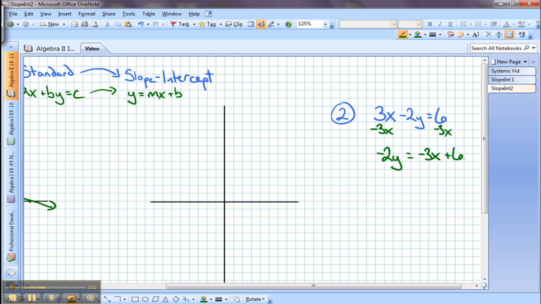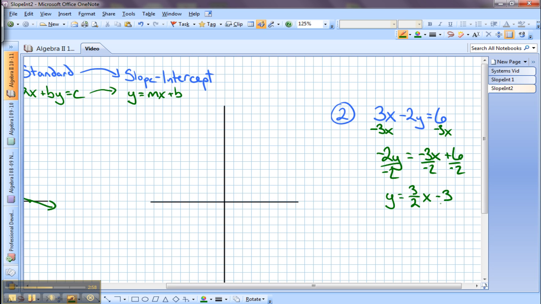And now to get y by itself, we will divide each term by the coefficient, which is negative 2. And we will be left with y equals positive 3 halves x minus 3. The slope becomes 3 halves because we have 2 negatives, and whenever you divide 2 negatives, your answer is a positive. And our y-intercept is negative 3 because we have a positive 6 divided by a negative 2.